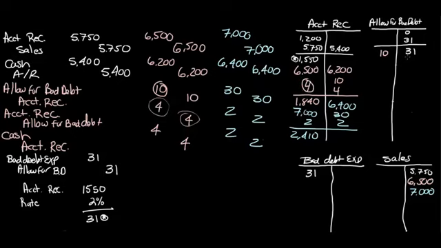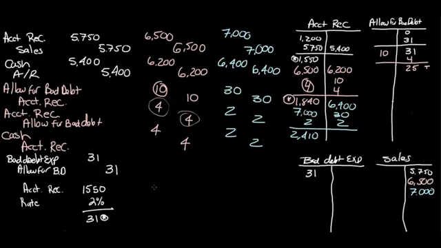And then after that, I will have the $4. So then I can calculate my balance in my accounts receivable account, and that is $1,840. And the balance in my allowance for bad debt account at this point is $25. I'm going to put a little T here to show that that's a temporary calculation. It's not the final number.